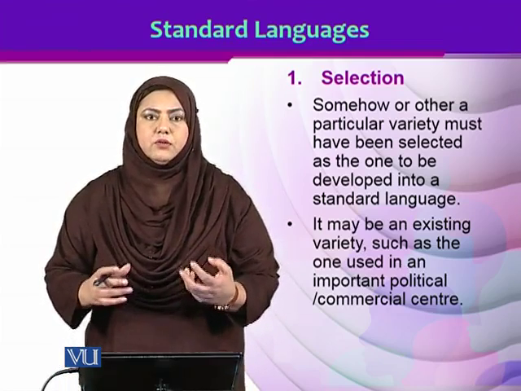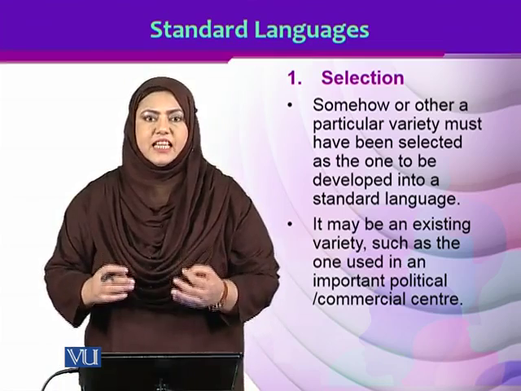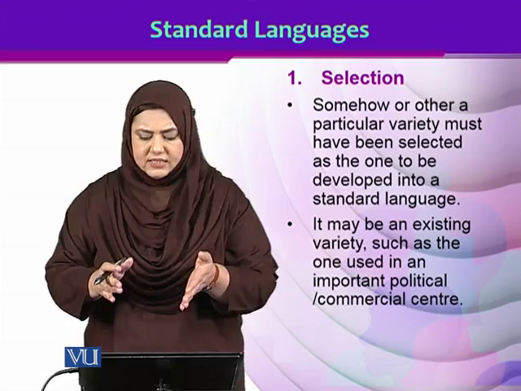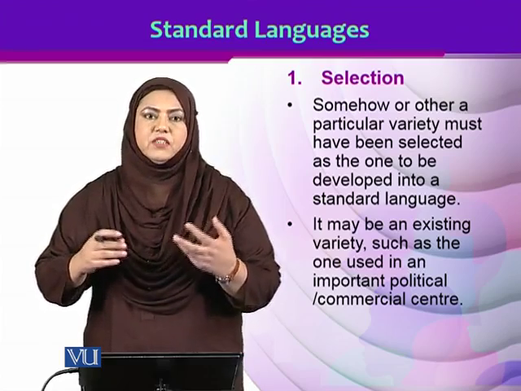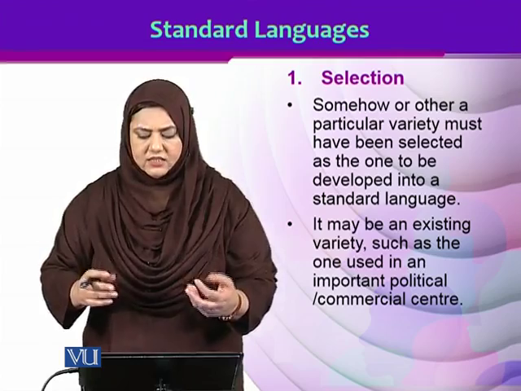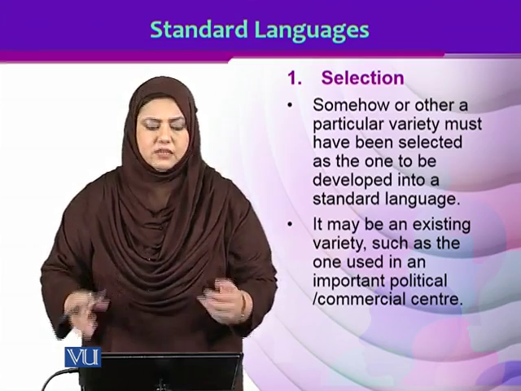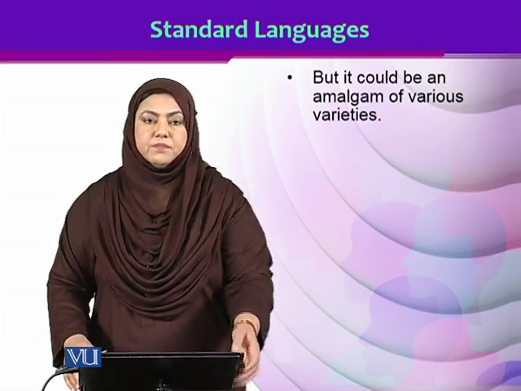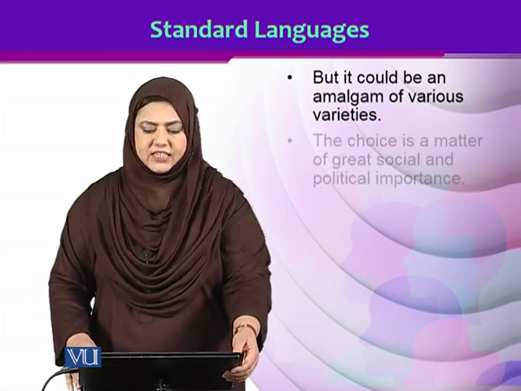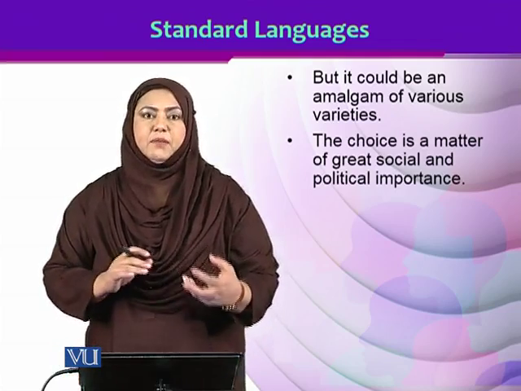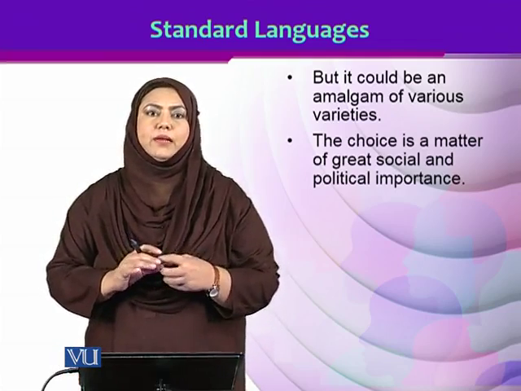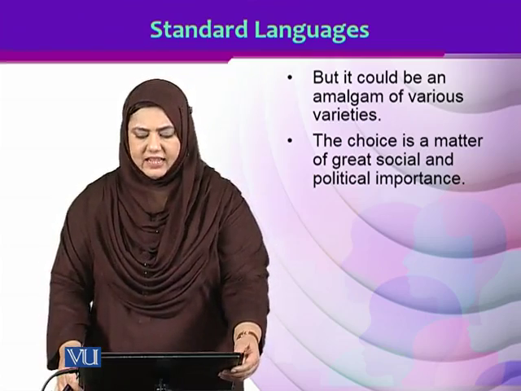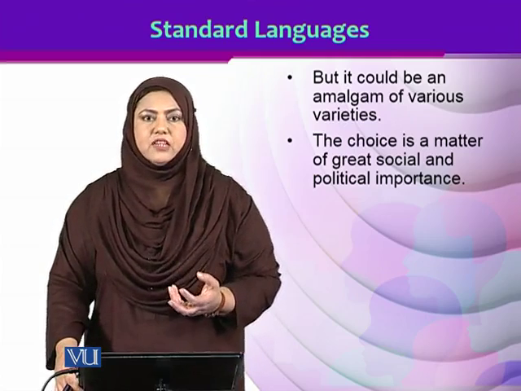This choice can be one of the existing varieties, such as one used in a political context or in a commercial center. But there is also a possibility that it is not a language that is being used currently. It can be an amalgamation of more than one variety that is selected and then established as a standard language.